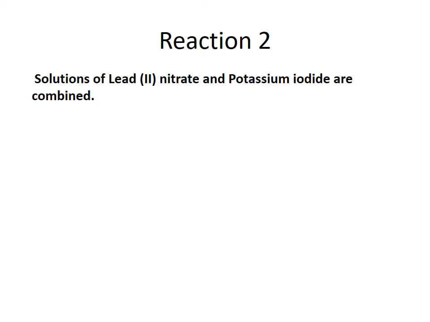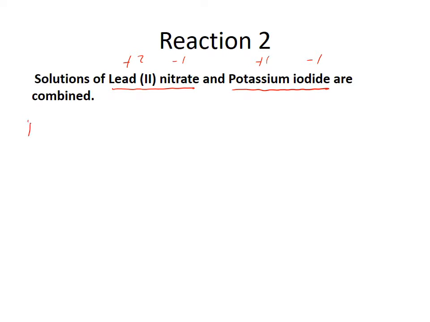In reaction number 2, we have a solution of lead 2 nitrate that's going to be added to a solution of potassium iodide. So we'll write out the binary compounds. We know that lead's plus 2, nitrate's minus 1, potassium is plus 1, iodine is minus 1.